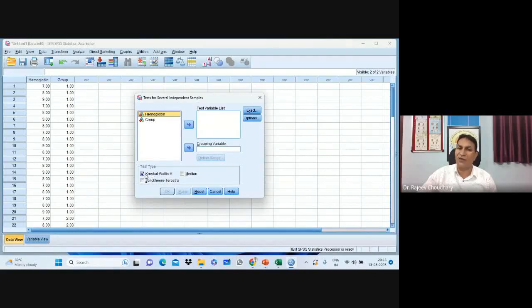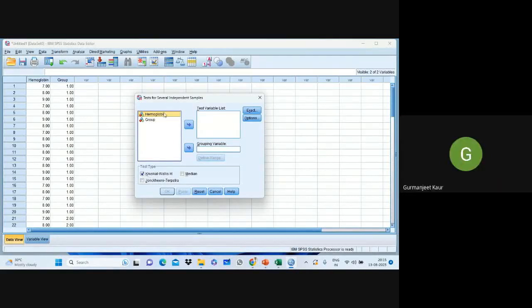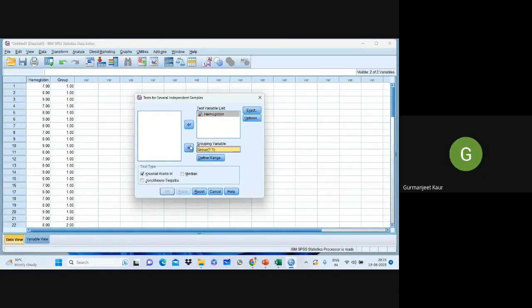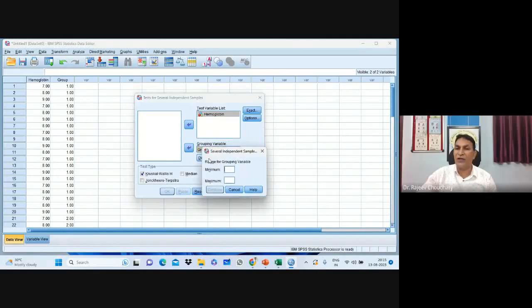Already selected. Bring hemoglobin into the test variable and bring group into the grouping variable, and define the groups. Our minimum value is 1 and maximum is 3, so we include 1, 2, 3 values in this analysis, and continue.